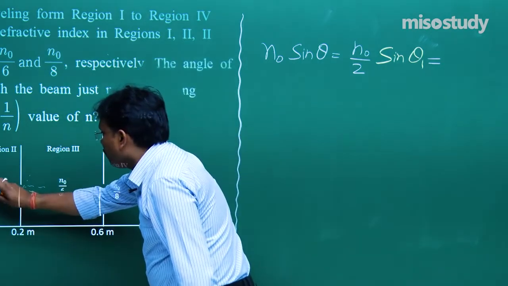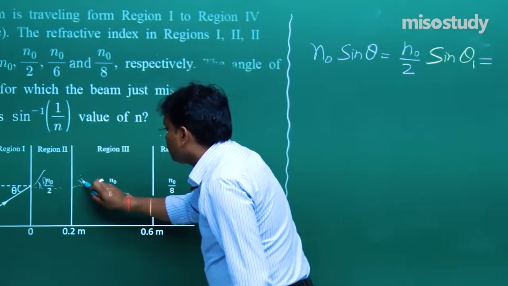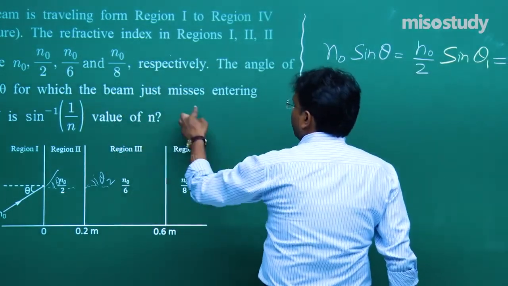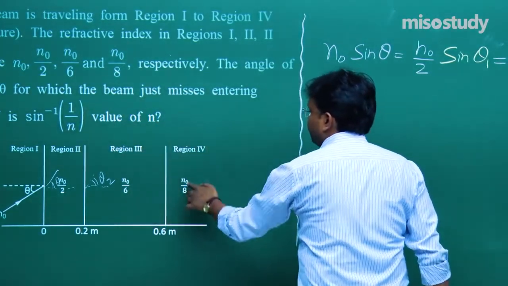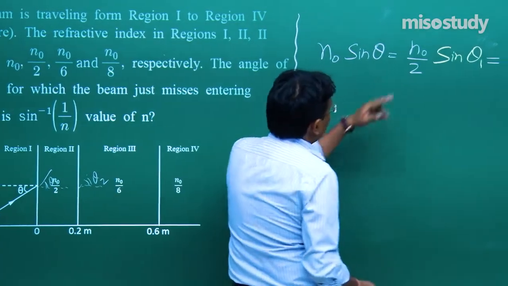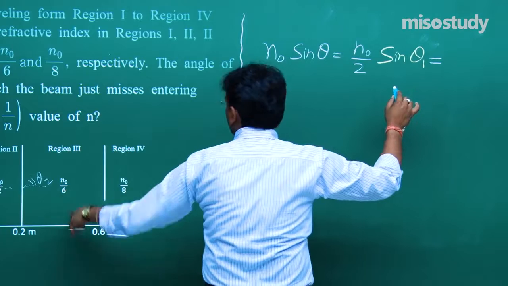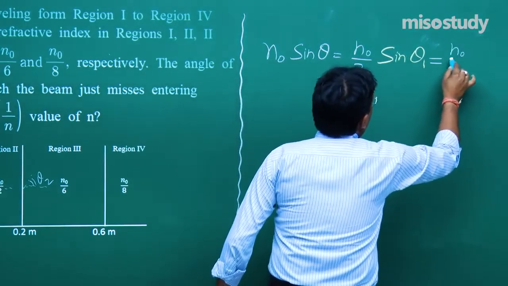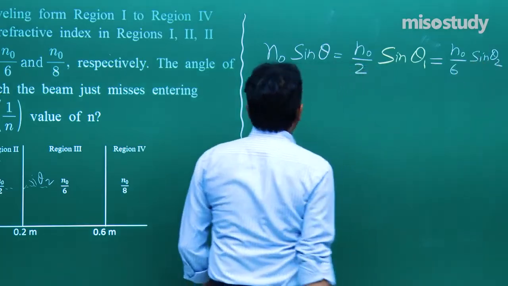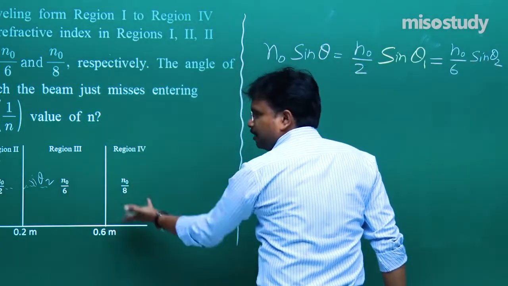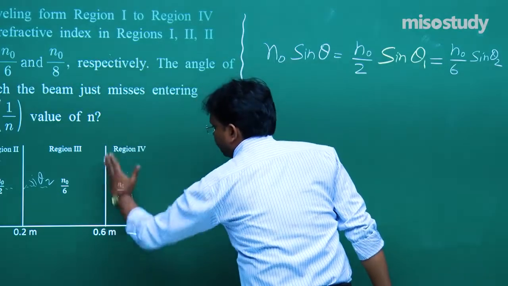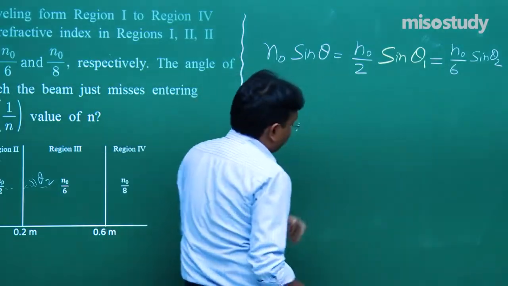So theta 1 over here, theta 2 over here, and beyond that you need not consider, because it is saying just misses entering, meaning it is not entering this region 4. So it is n naught by 6 sin theta 2. This region 4 is meaningless for me because the ray is not entering, so we have to just talk in terms of the region 3 boundary.